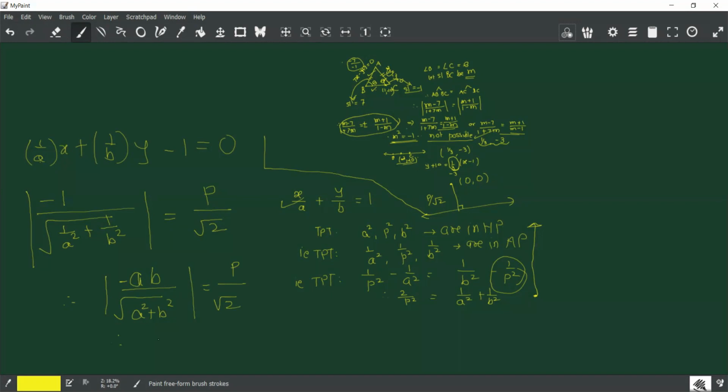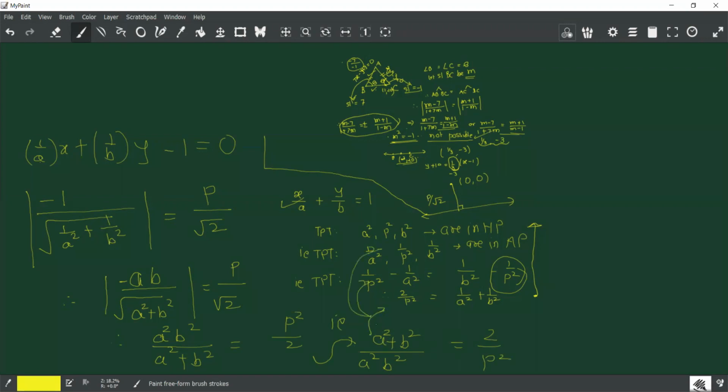Okay. So you have a square b square upon a square plus b square is p square upon 2. अभी reciprocal लेना. A square plus b square upon a square b square is 2 upon p square. अभी उल्टा उल्टा लिखते जाओ.